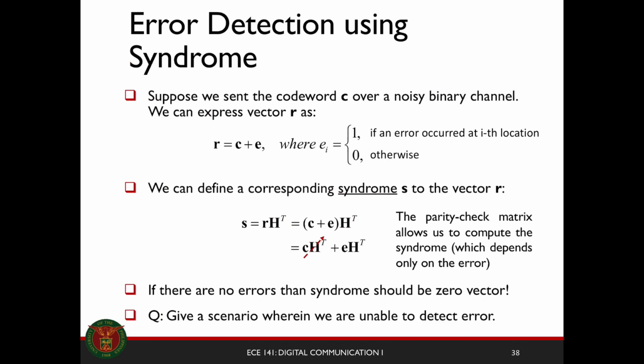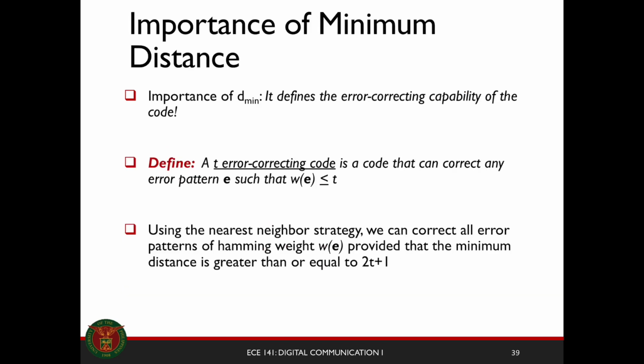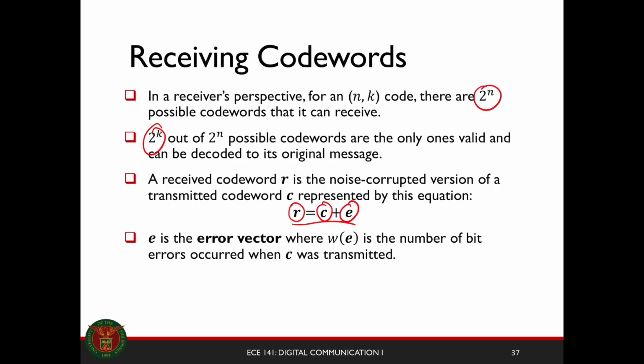So this is a higher level abstraction of how we viewed the channel before. If you remember, when we have, let's say, a 4-QAM constellation, our view of the received signal is still pretty much analog. Your received signal is somewhere within the vicinity of your symbols.